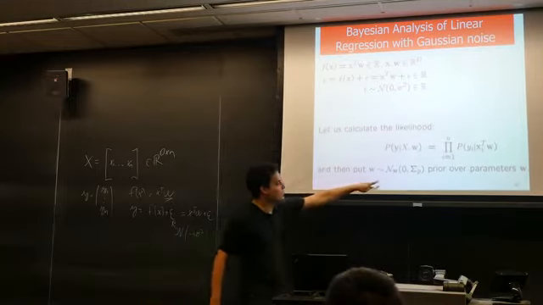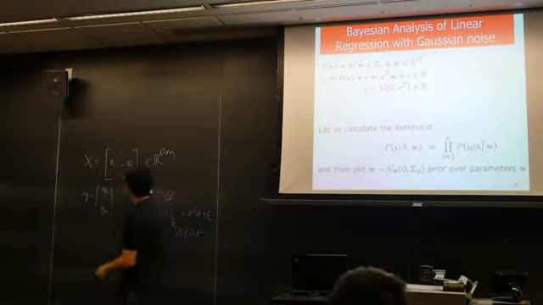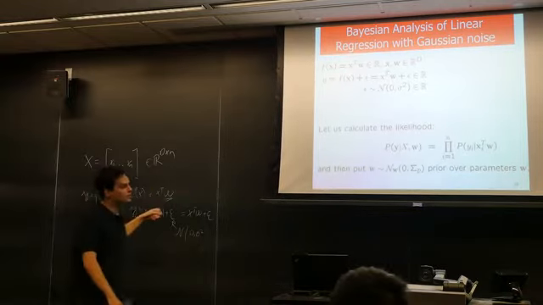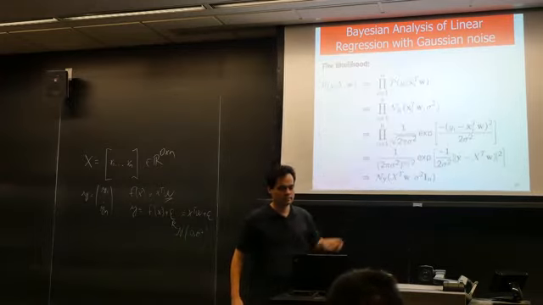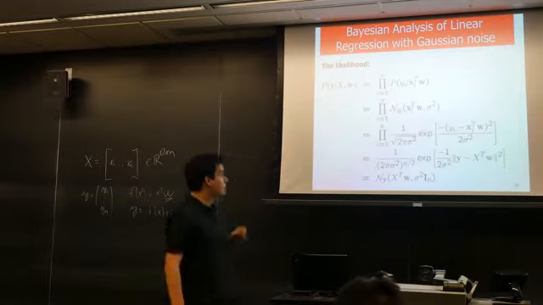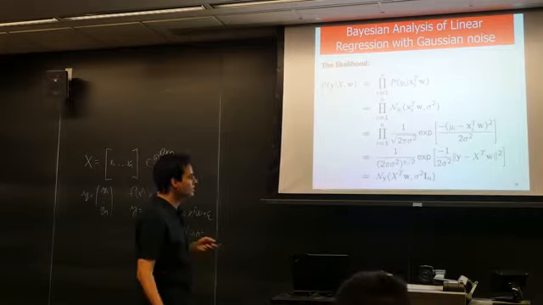You start with this prior distribution on w. You observe the data, x and y's, and we want to calculate the posterior distribution of w's. Okay? So that will be the posterior distribution.